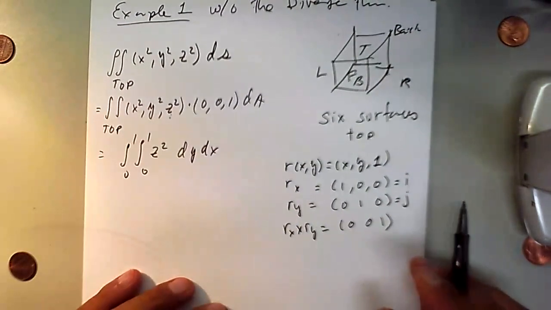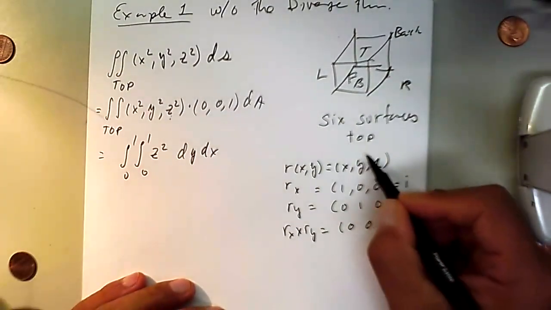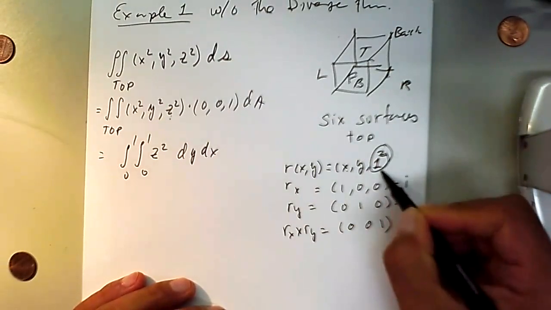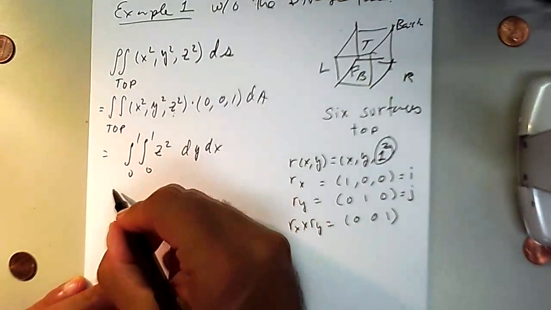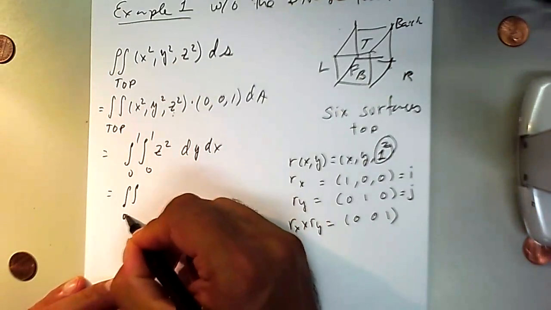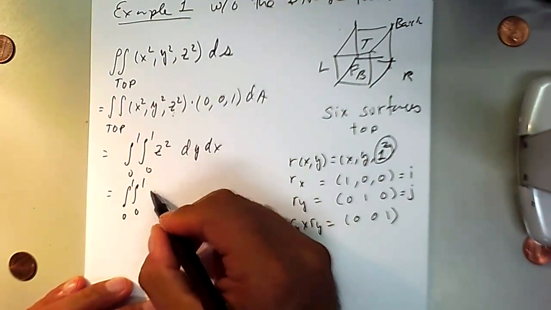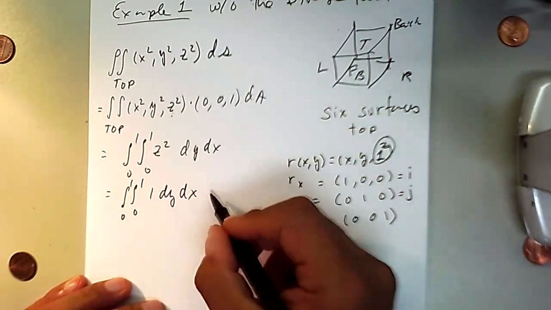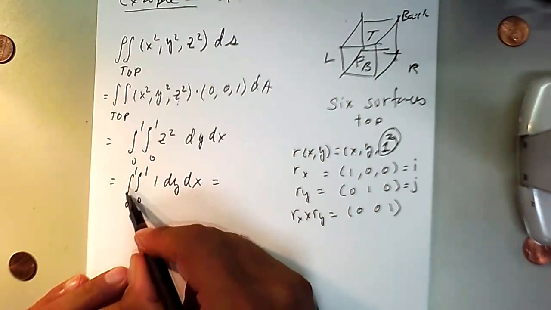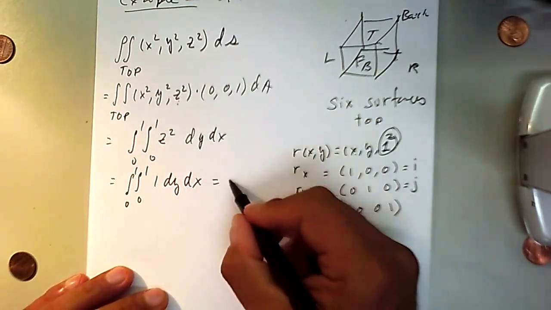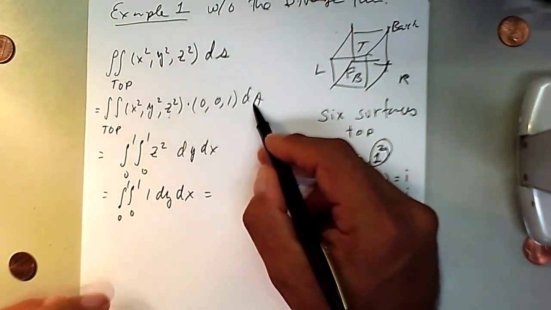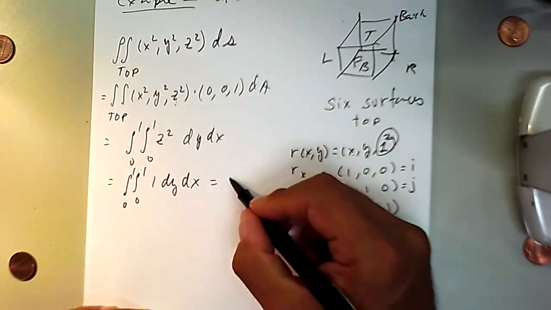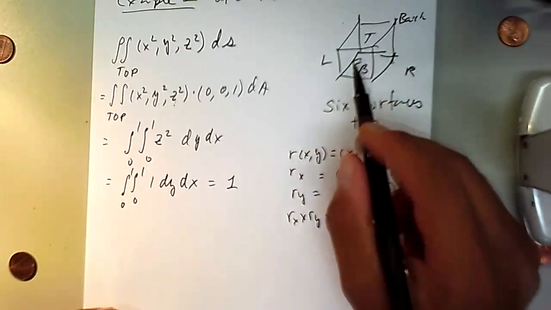Mind that this is x, y, and this is z. Z in this case is 1. So we're really double integrating from 0 to 1, 0 to 1, of 1 dy dx, which is just 1, because this is the unit square, 1 by 1, and we're finding its area. In fact, I could have figured that out back when we thought of the area. But anyway, this is going to be 1. So the top is 1.